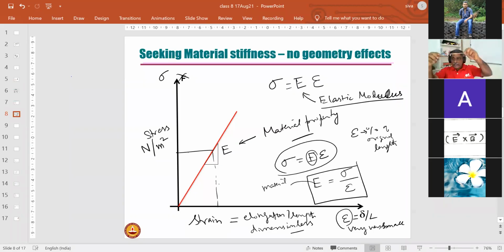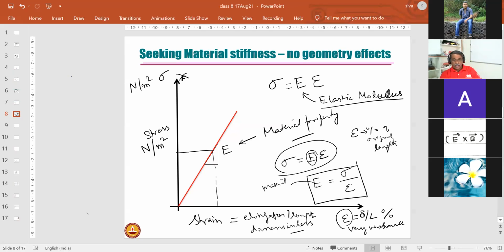For example, let's say this is the length that I have, and let's say I have 150 mm of this. Now, if it has elongated by an extent, I'll look at the elongation length as a percentage of the original length. Okay. So usually strain is expressed in terms of percentage and stress is expressed in terms of Newton per meter square. Okay. You can say dimension or geometric, both are okay.